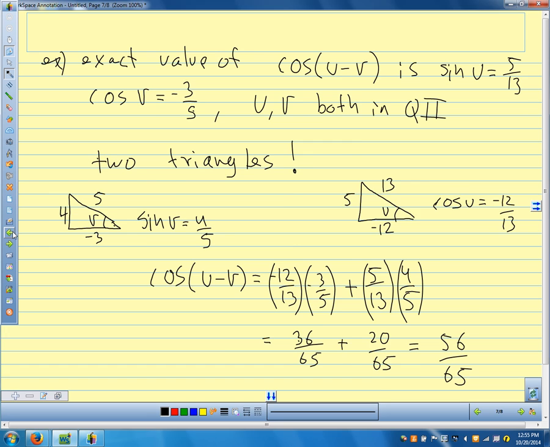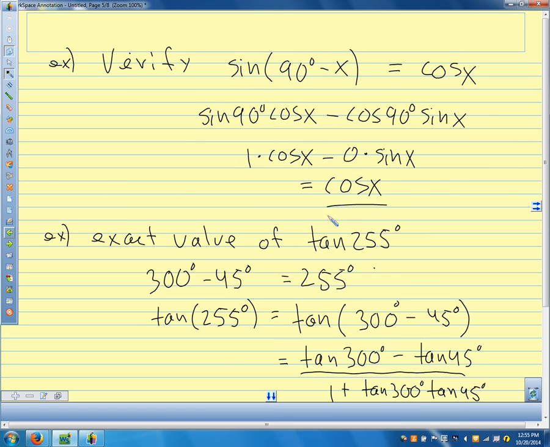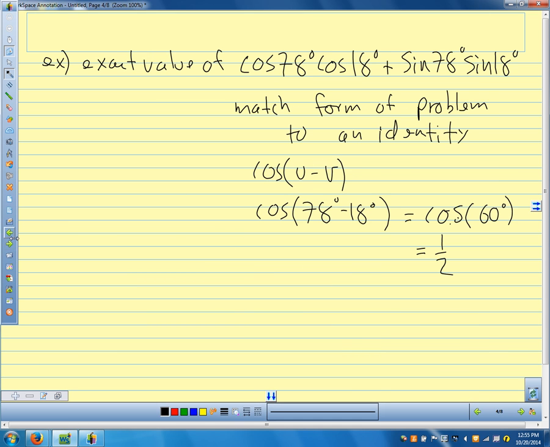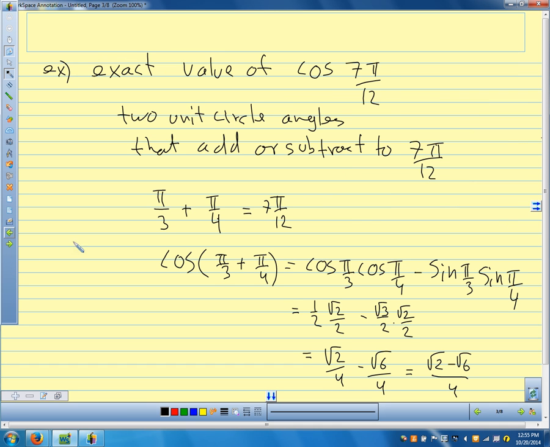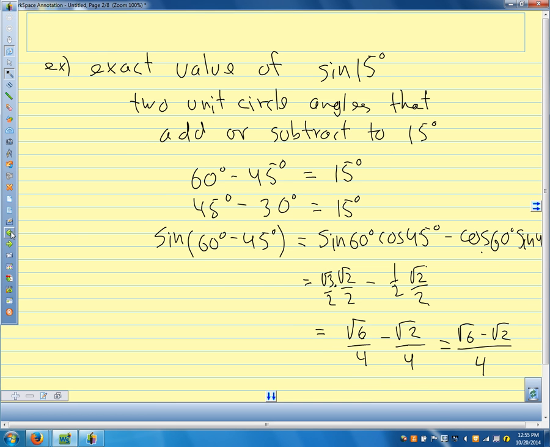On the other ones, it was like sine 60 times cosine 45 minus cosine 60 sine 45. Why are the sine and cosine mixed? Which example was that one?